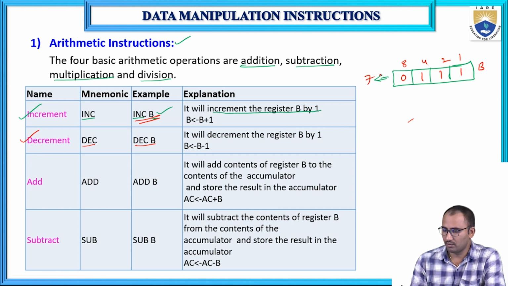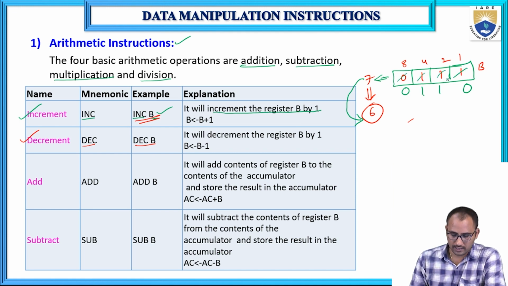Its decimal value is 7. If you perform a decrement operation, its value will be decremented by 1, so it becomes 6, which is 0110. So its value is decremented from 7 to 6.